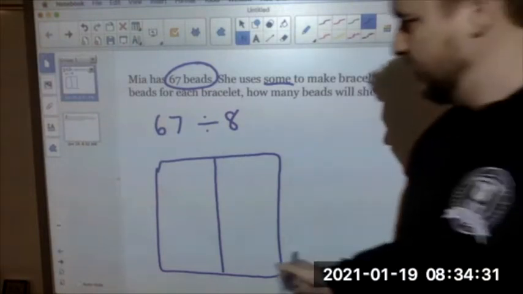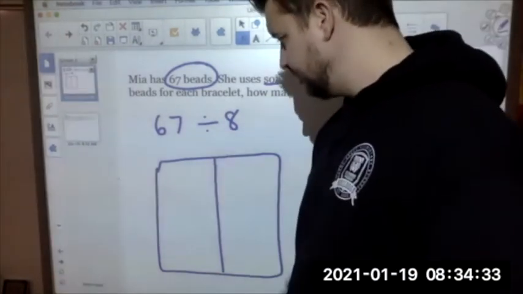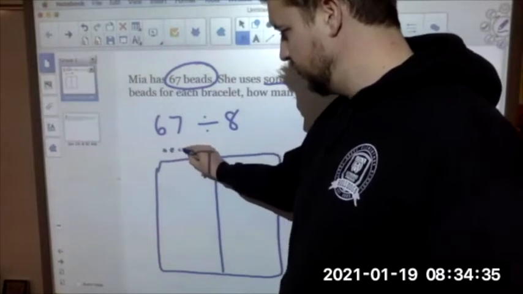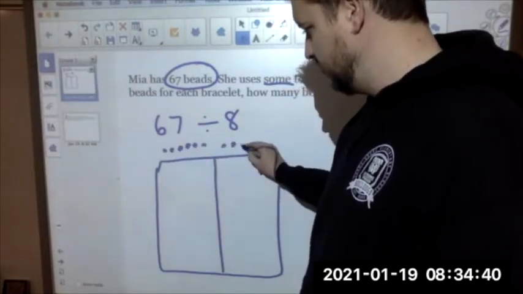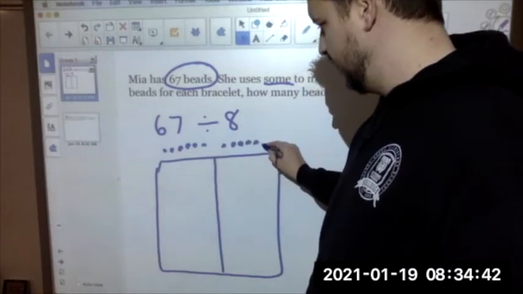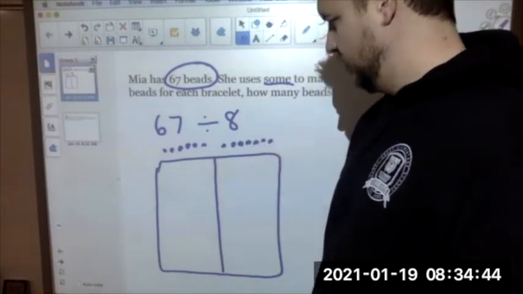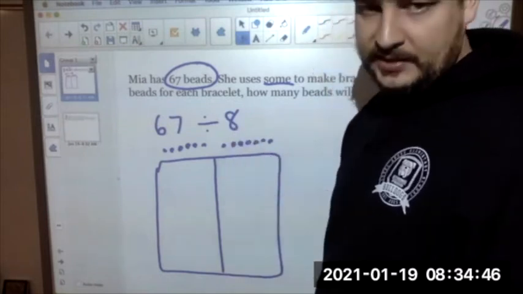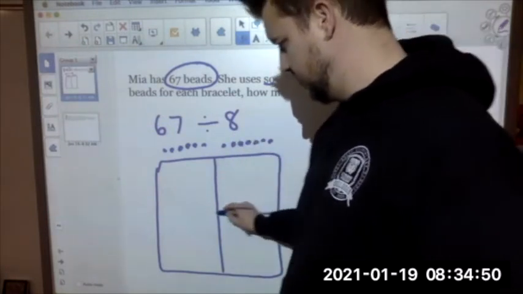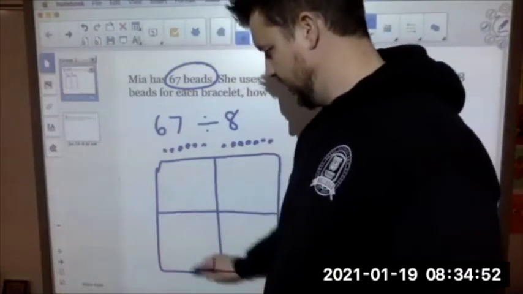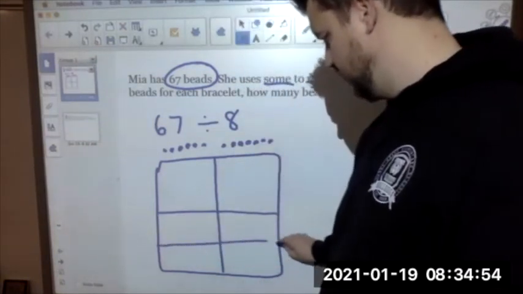Okay, so we've got 67. We have 1, 2, 3, 4, 5, 6 tens and 1, 2, 3, 4, 5, 6, 7 ones. And we're dividing it by groups of 8. So this can be a little tricky to draw. We're going to cut it in half, cut in half again.